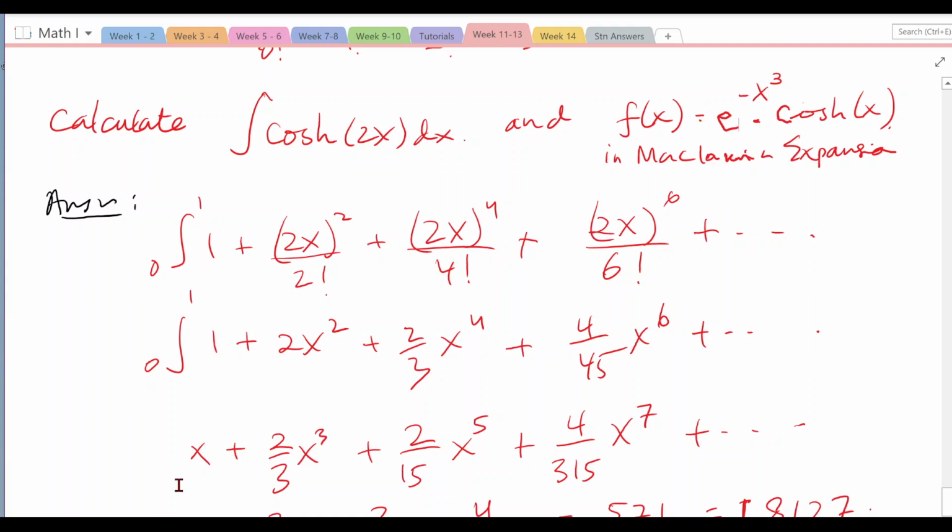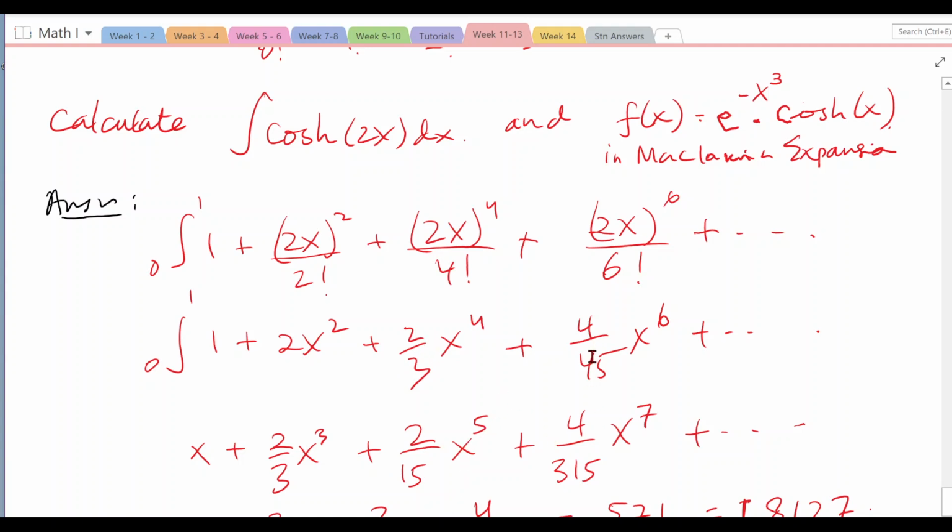So the integral of 1 is x, the integral of 2x squared is 2 over 3 x to the power of 3, after you add 2 plus 1 it becomes x to the power of 3. Same thing here, 2 over 3 times x to the power of 4 here becomes 5, so 3 times 5 is 15, 2 over 15 x to the power of 5.